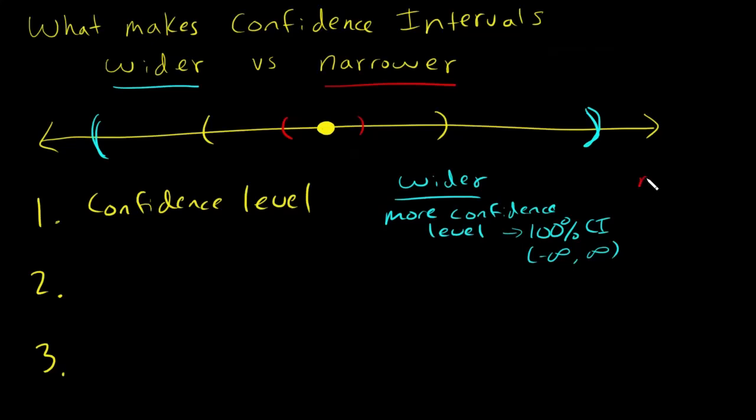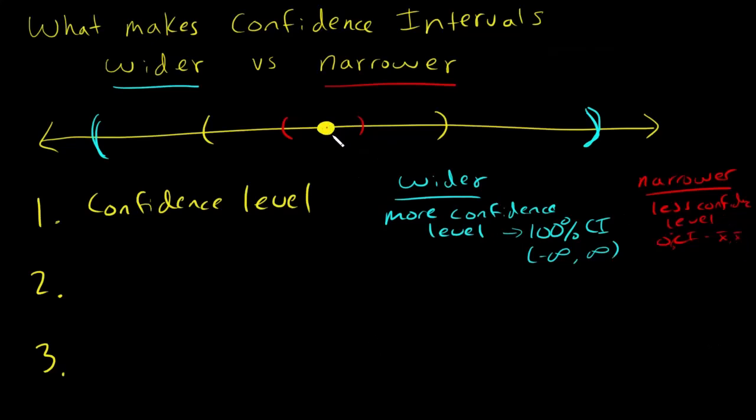Okay, so when we think about what makes a confidence interval narrower, this would be a less confidence level. Okay, so in an extreme example, a 0% confidence interval would just be the sample mean, like a very small interval, the limit as it goes to 0, right here on the point estimate.